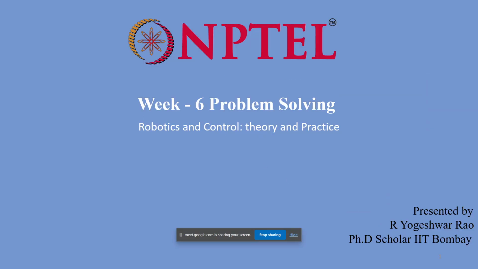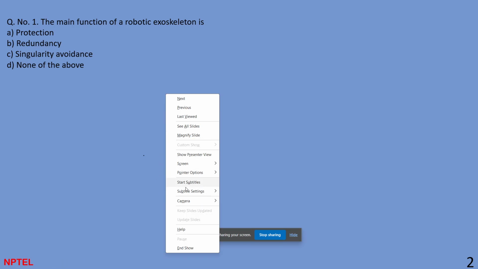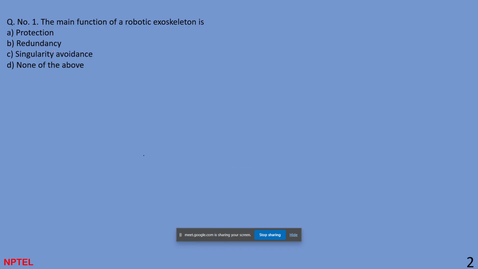Let's start today's session. The first question is: the main function of a robotic exoskeleton is? Anybody want to answer this? What an exoskeleton does is enhance the performance of the wearer.